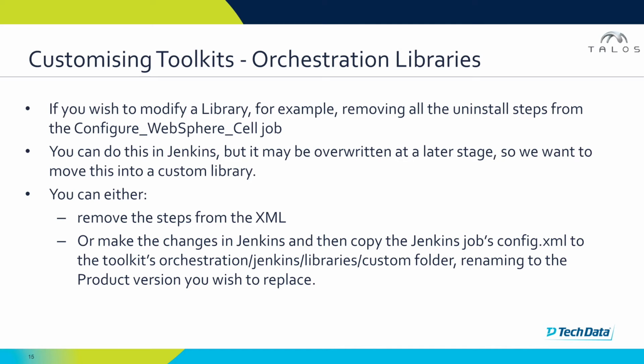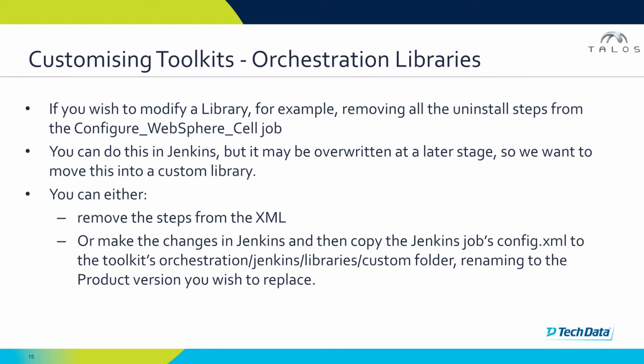You have a script that just goes and deletes everything quickly, and you don't need to go through that uninstall process. You could remove all the stop and uninstall steps from the build out job. So you can do this in Jenkins, but it might be overwritten at a later stage because these are libraries. They're sometimes regenerated from Talos.